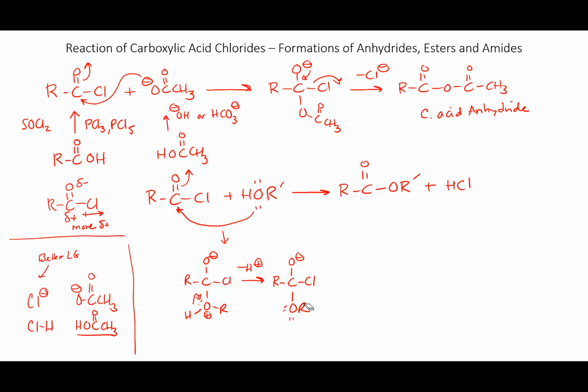Now, for those of you saying, wait, this is kind of a Zwitter-ion. And so if it's a Zwitter-ion, wouldn't the O minus pick up the H+? Sure. I mean, you could do that. We could simply say, okay, that O minus is going to pick up the H+.